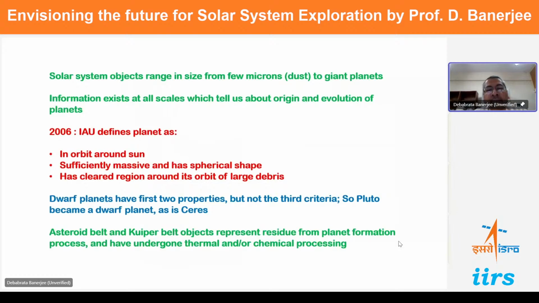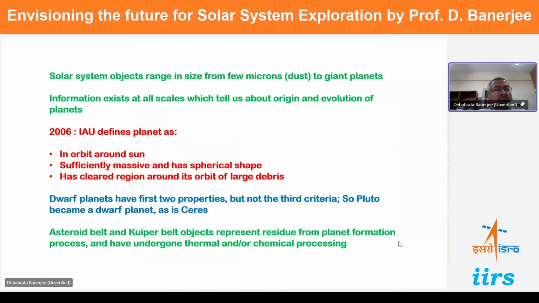All right, so basically, this lecture will give you first some details about the solar system, and then I will talk about some very important discoveries which have been made by recent missions, including our own Indian missions.